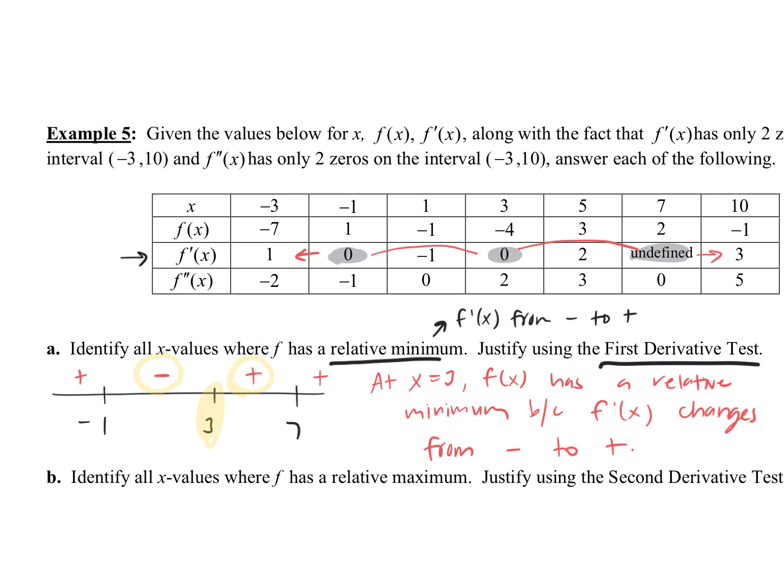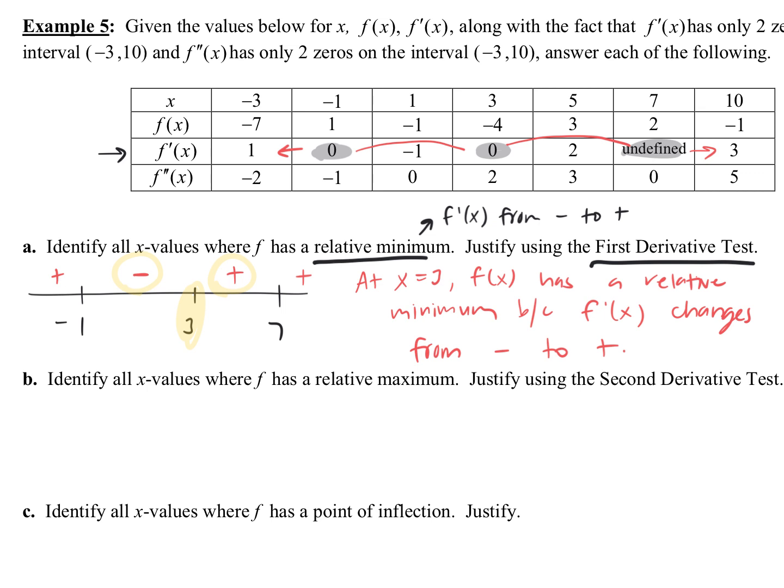Okay, next one is looking at, again, all of the x values where f now has a relative maximum. Okay? And we want to justify this using the second derivative test. So the second derivative test says that if I want to find a relative maximum, my second derivative has to be what? Greater than or less than 0? Less than 0.